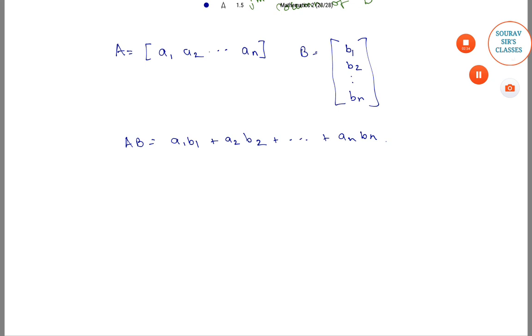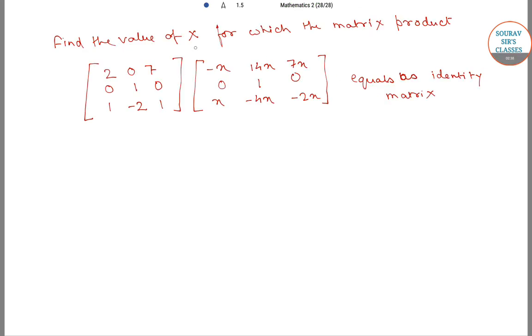Now let us solve the following question. Here we have to find the value of x for which the matrix product given by this is equal to the identity matrix. Now the identity matrix of order 3 is this: 1 0 0, 0 1 0 and 0 0 1. So the first element is 1.